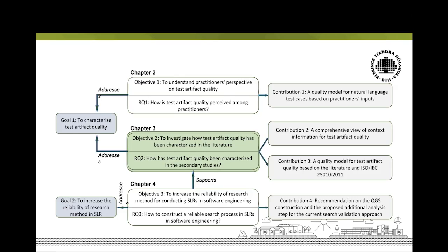And then there are other secondary studies talking about GUI testing, or unit test cases. So our idea is that we want to identify all of them and synthesize the information.